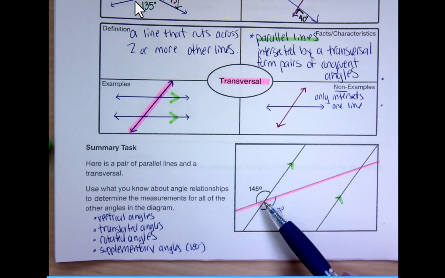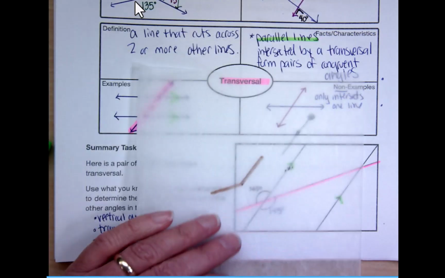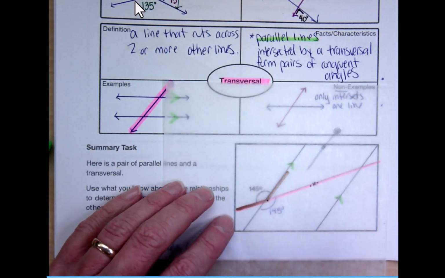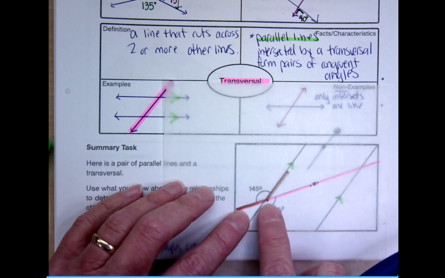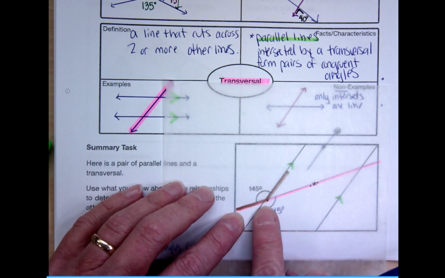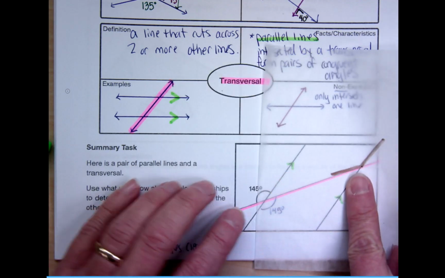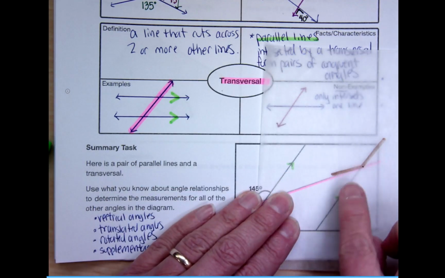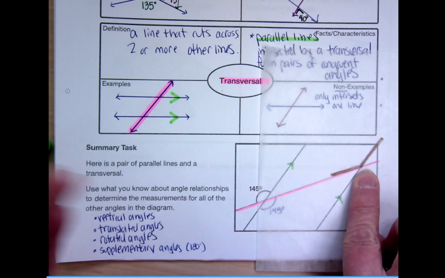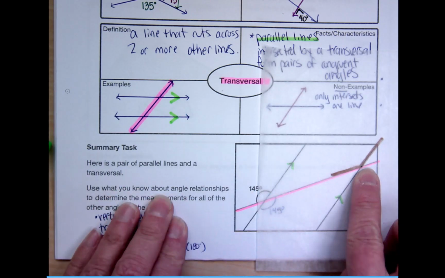Well, if I know that this is 145 degrees and I have these two parallel lines, I can translate this angle right down my transversal, and I end up with this angle over here, which is congruent and also 145 degrees.